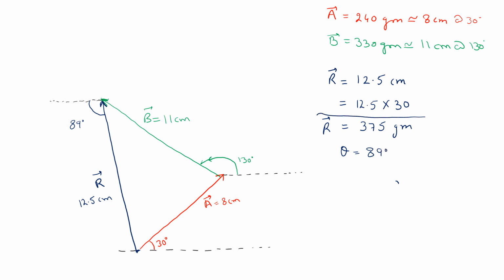This is how we got the resultant of two vectors by using the graphical method. This is what you're supposed to do to experimentally find the resultant of two vectors by using the graphical method.